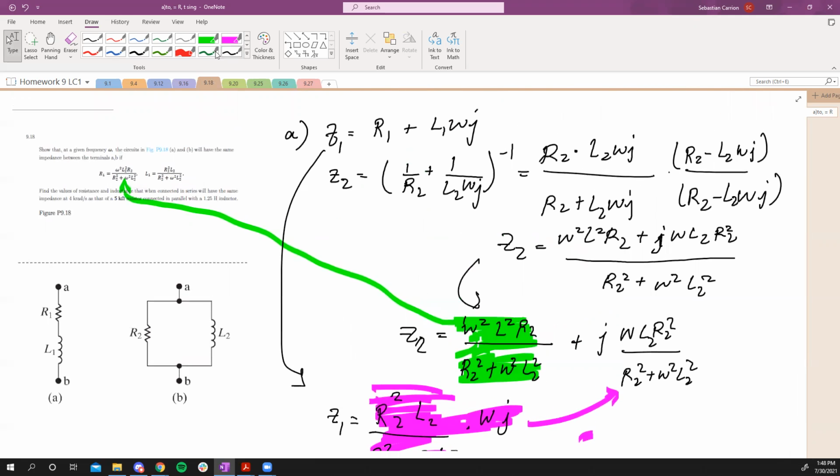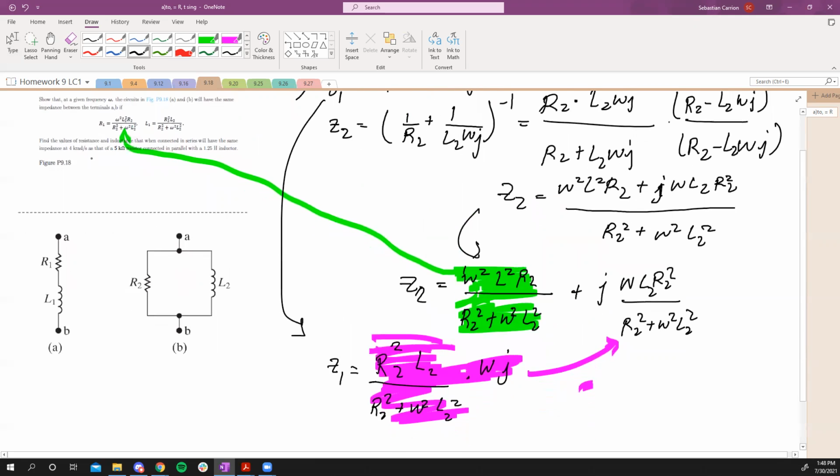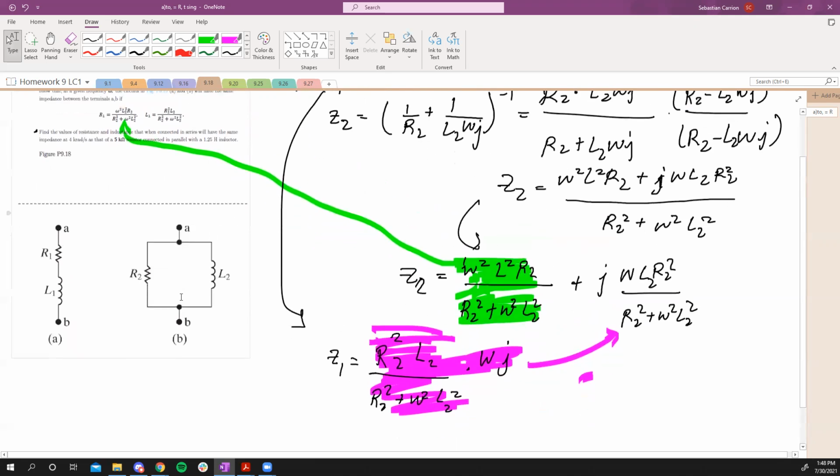Now it says find the values of resistance and inductance that, when connected in series, will have the same impedance at 4,000. So for part 2, we're basically just plugging in numbers.